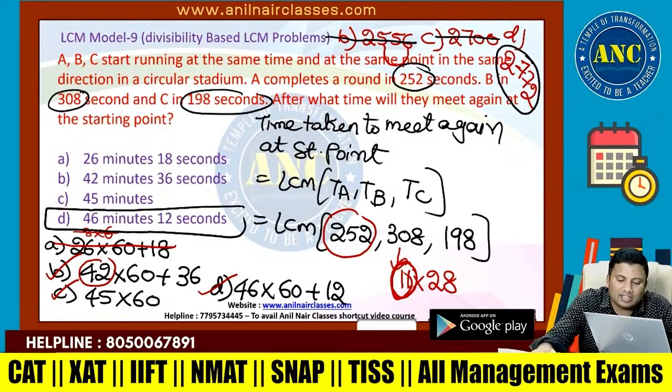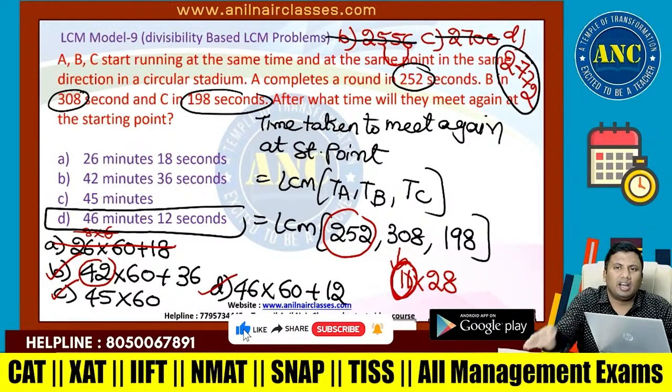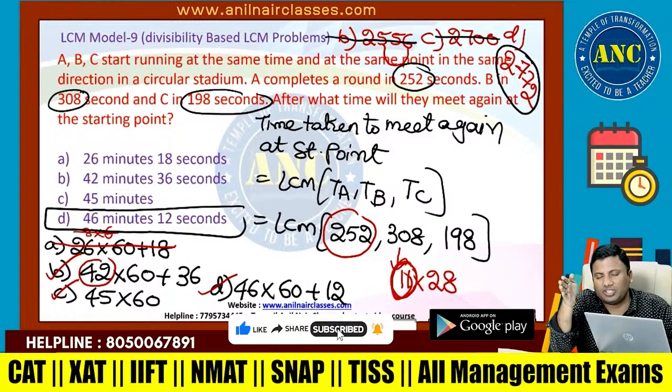When you say the answer is 0, you are saying that they will not take any time to reach the starting point. Isn't it illogical? Suppose three people start from home, and the college starts at 9:30.